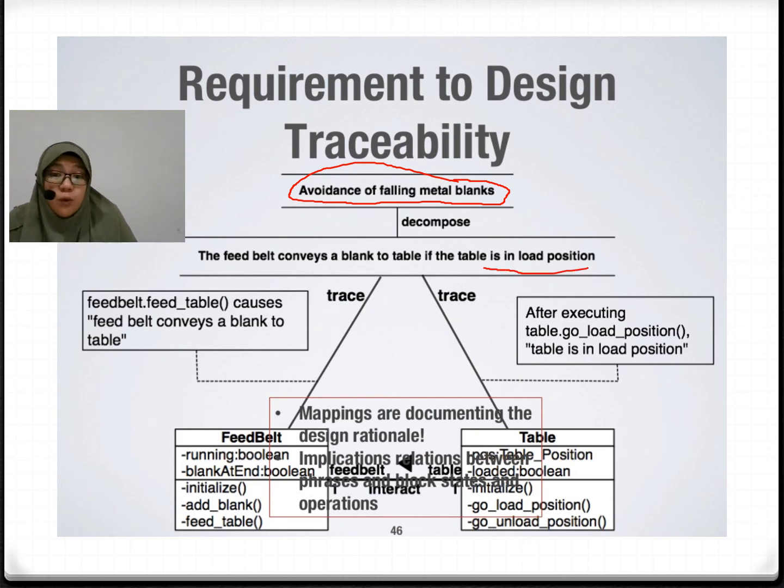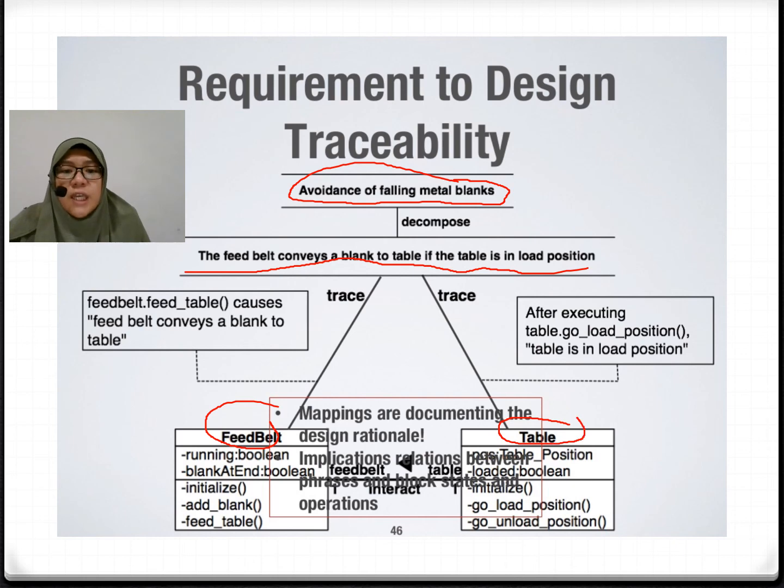This is an engineering requirement; I myself am not very clear what a feed belt is. But what I'm trying to say is that there's traceability. Due to this requirement, they actually have a feed belt class and a table class.